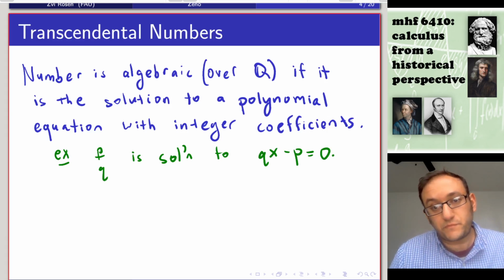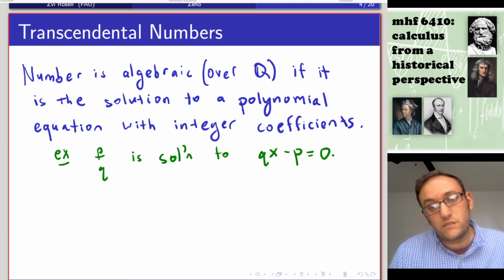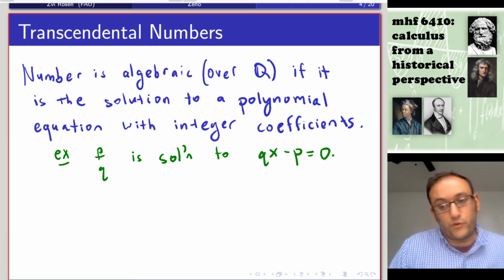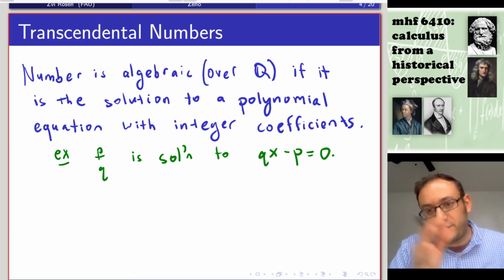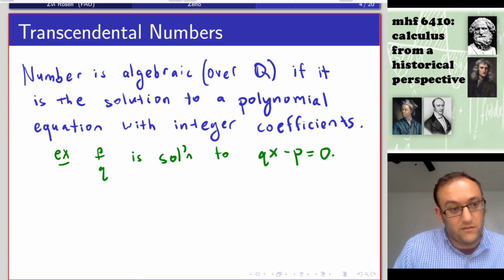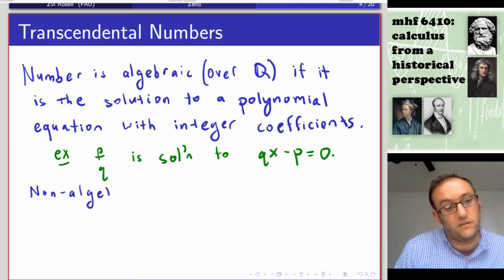Okay? Obviously it's more than the rational numbers that are algebraic: any square root, any cube root, any solution to an equation, which does not just include radicals. So if a number is not algebraic, it's called transcendental.